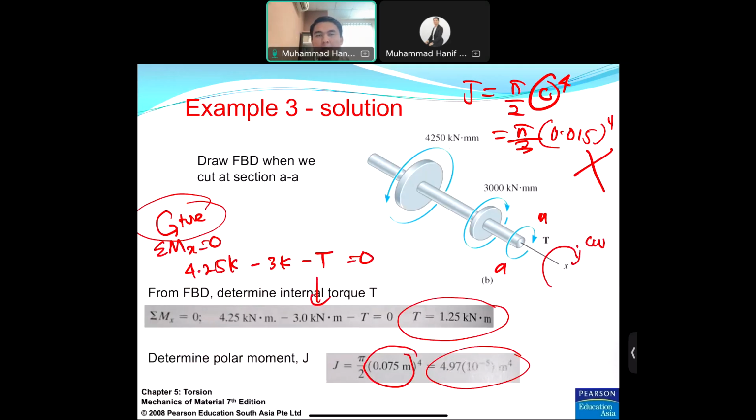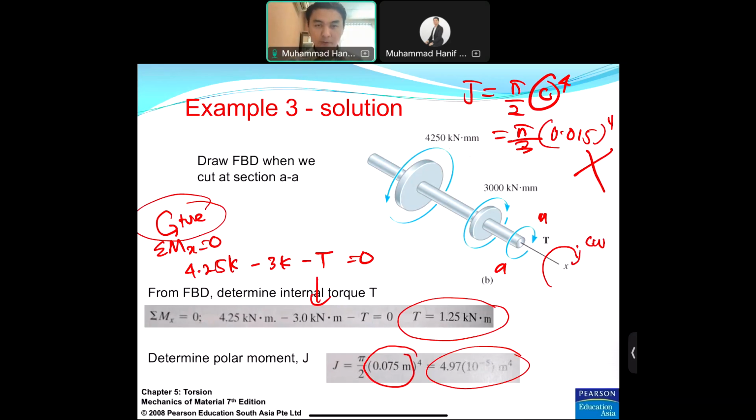You calculate the T, you calculate the J. Once you get J, you substitute J into the equation tau equal to Tc over J, and then you get it. Based on my experience, students are not following the sequence, so it is difficult for me to find the correct answer and I take more time. So it is better to calculate individually and follow the sequence. Don't jump into different sequences.